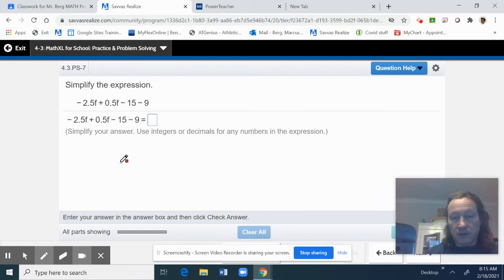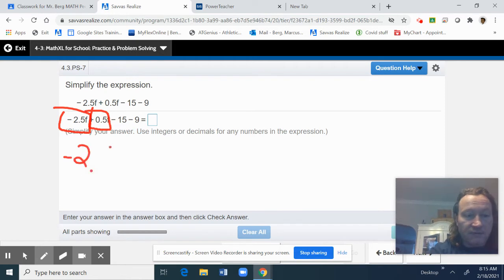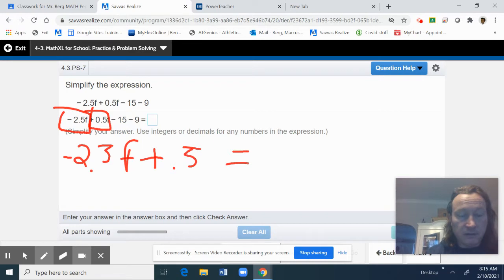So if you take a look up top at this question, negative 2.5f plus 0.5f, this one and this one have f's. So I put negative 2.5f plus 0.5f together.